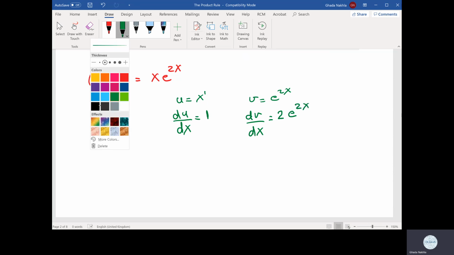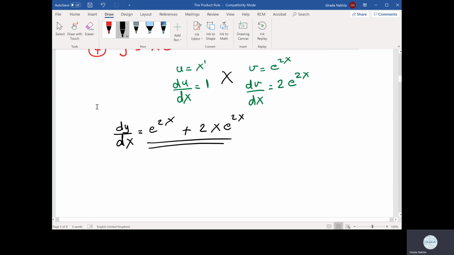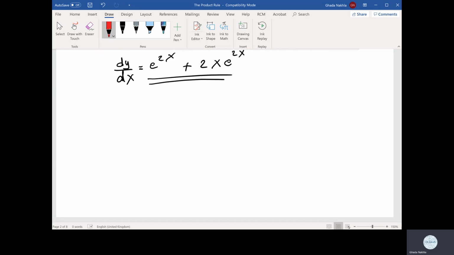Again, we cross multiply and we go dy by dx equals e to the 2x multiplied by 1 plus 2x e to the 2x. And again, I can simplify it further. I can take e to the 2x common factor, but I'm not really interested in doing this now.